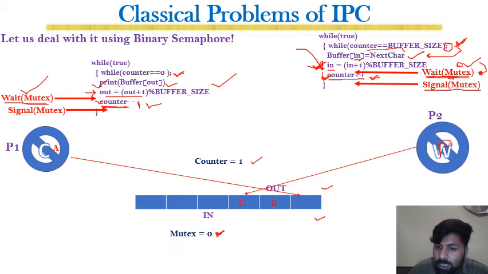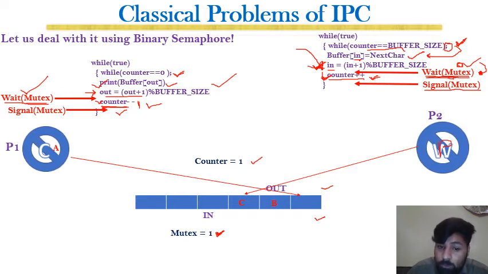It will be trapped until P1 calls signal on mutex, and once P1 calls signal on mutex, the mutex value will be incremented and become 1.